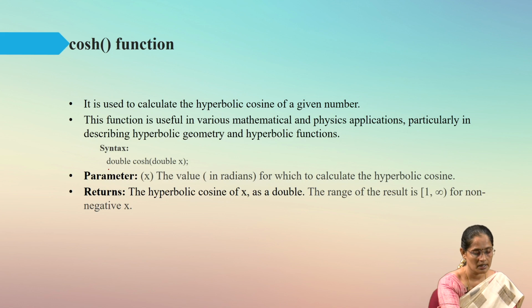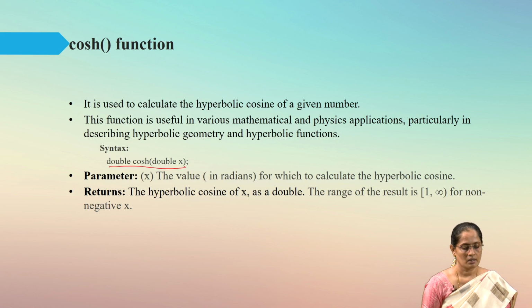The cosh function will help us calculate the hyperbolic cosine of a given number. The syntax is going to be the same: the resultant is going to be a double type value, and the input is also going to be a double type value, as with the other hyperbolic functions like sinh and tanh.